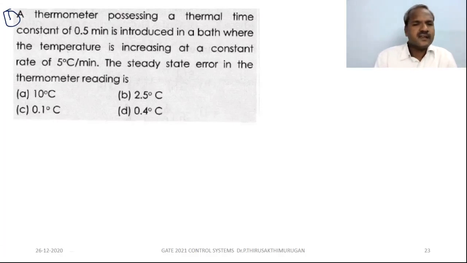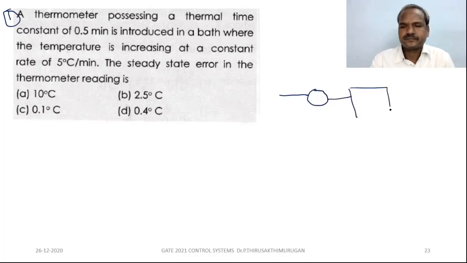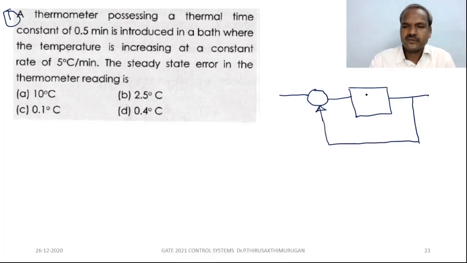Actually, you can consider the feedback system. The thermometer is given. Consider the block diagram, a unity feedback control system. The thermometer is a first order system whose time constant is tau s, in a closed loop feedback.